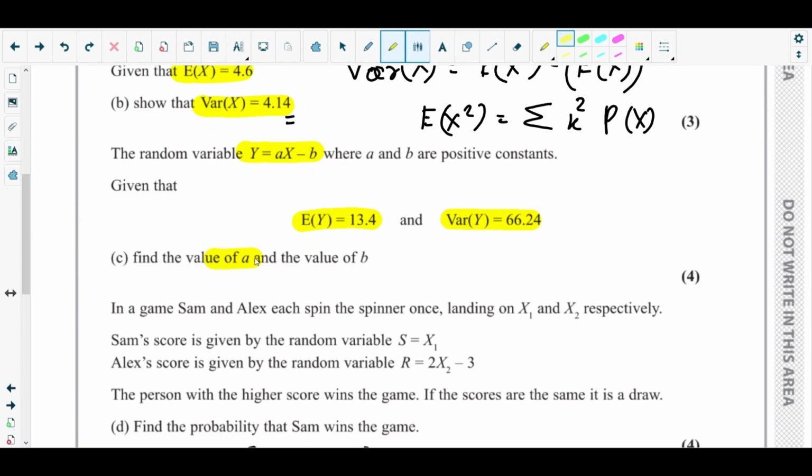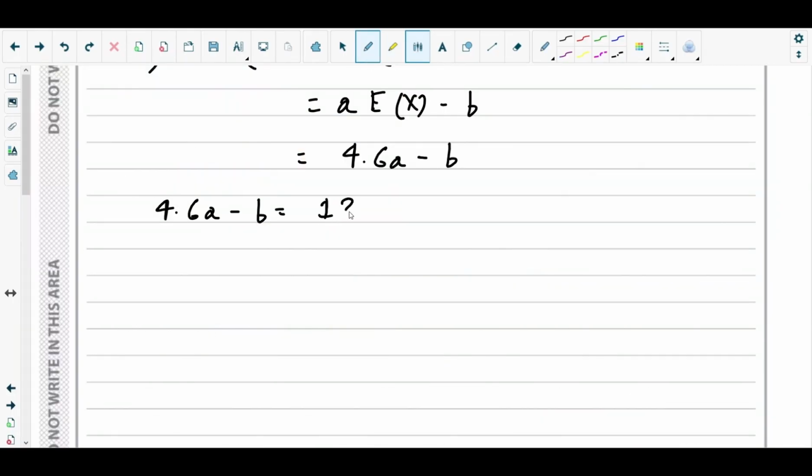Expectation of x is 4.6, so 4.6a minus b. They have given the expectation of y, so 4.6a minus b equals 13.4. This is the first equation.